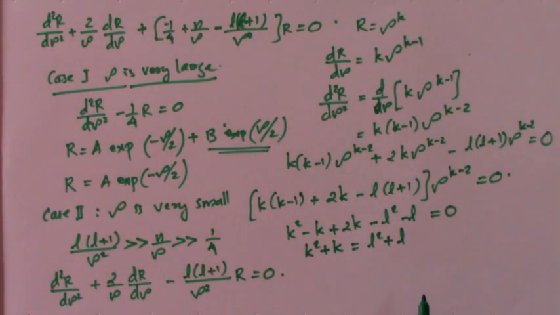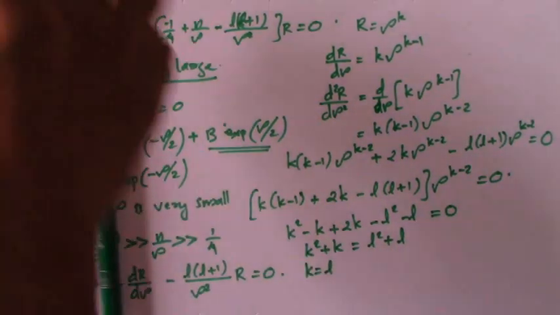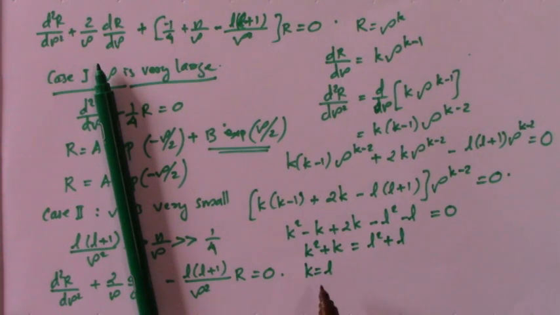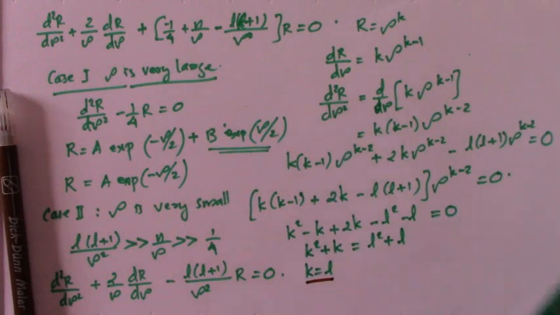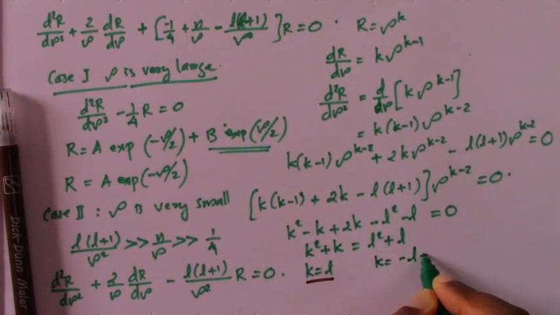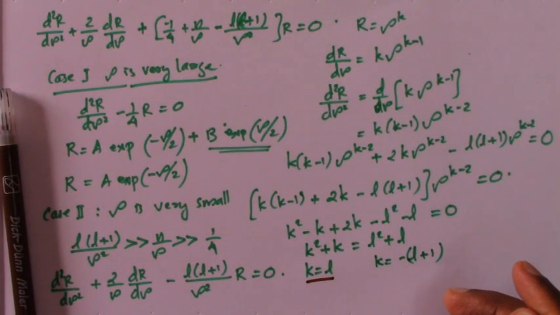The first case is that k is equal to L. Let me just underline that, k is equal to L. And the second condition is that k is equal to −(L+1).